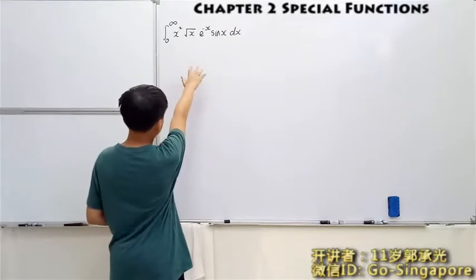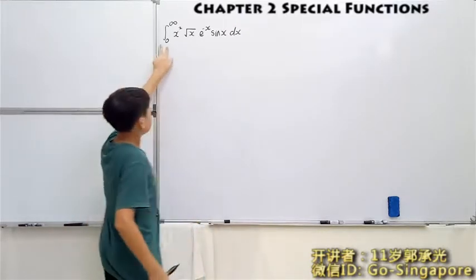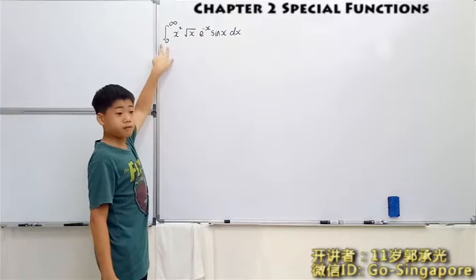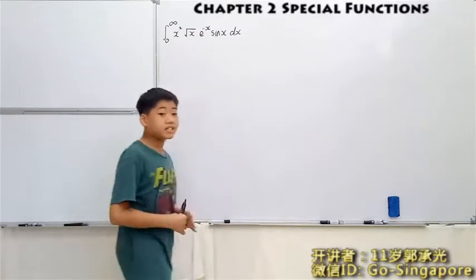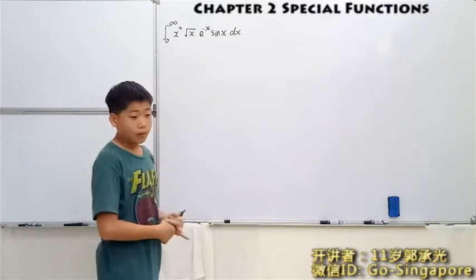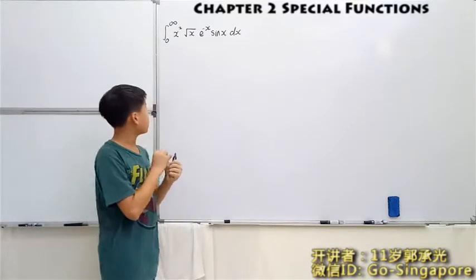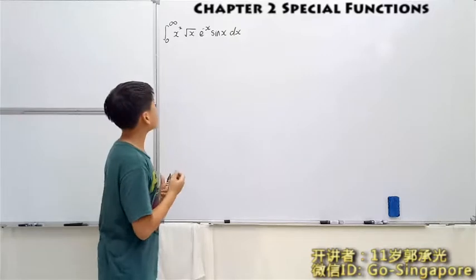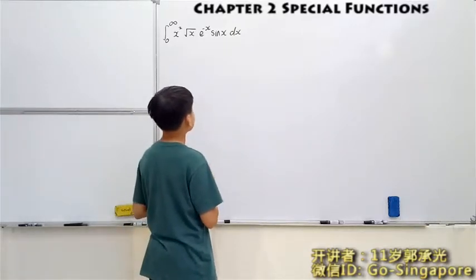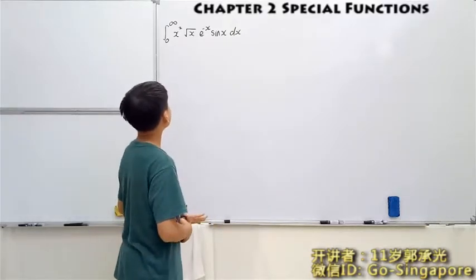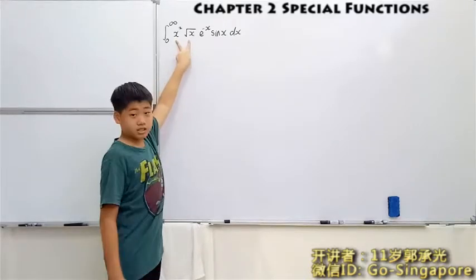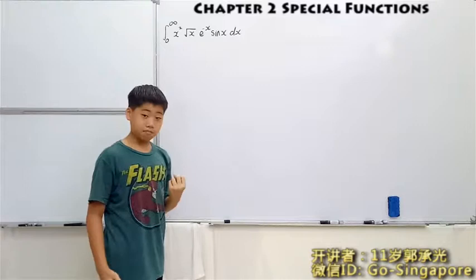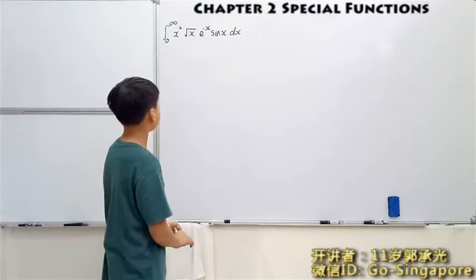So when you look at this question, this boundary, 0 to infinity, then in this integrand, you have four parts. You have an x squared, a square root x, e to the power of negative x, and a sine x. There are two parts in front in the index function. You can combine them into one part.